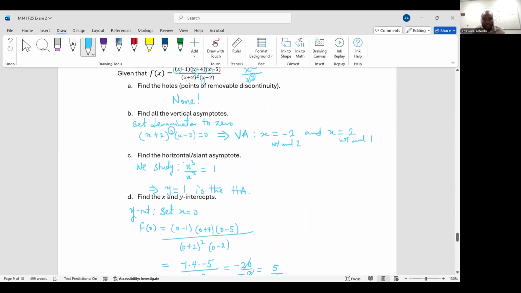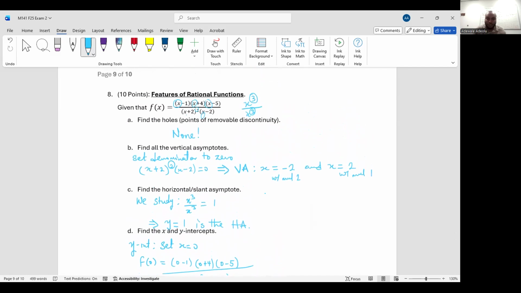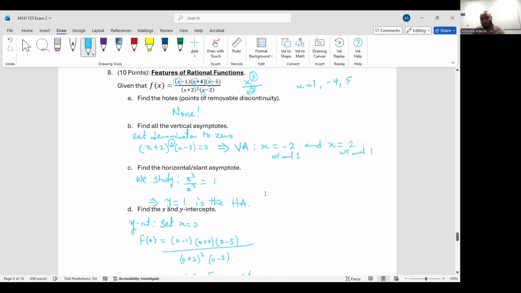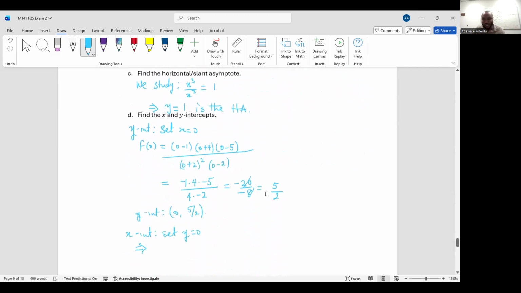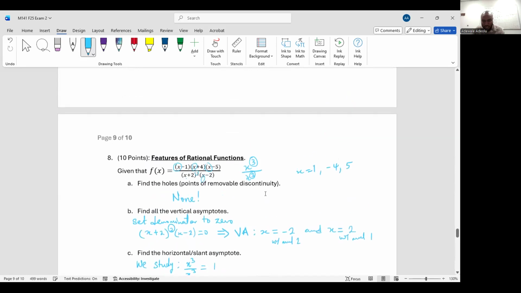So if we set the numerator to 0, x equals 1, -4, and 5. So our intercepts will be (1, 0), (-4, 0), and (5, 0). Let me be sure that this will be up. Yes.